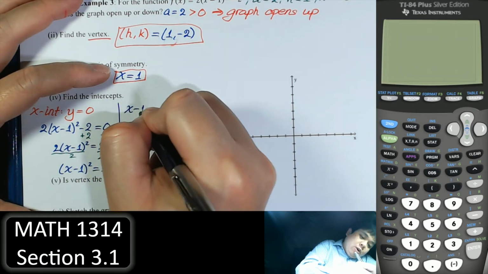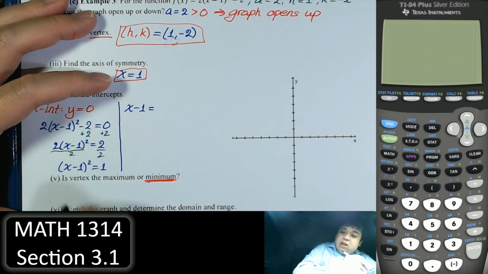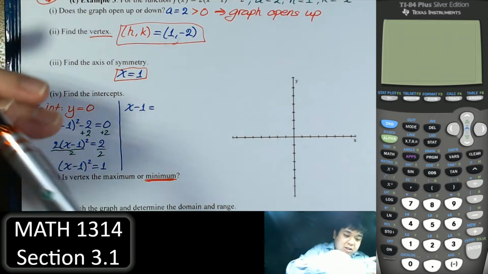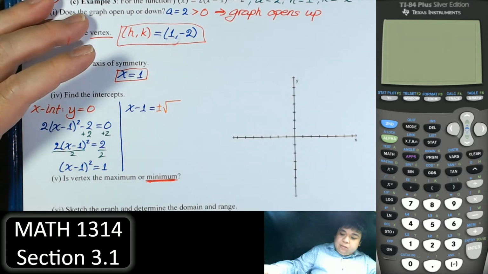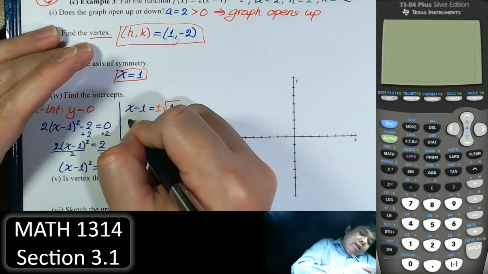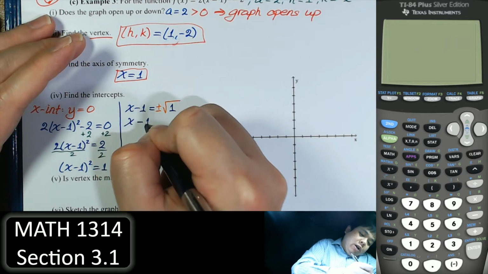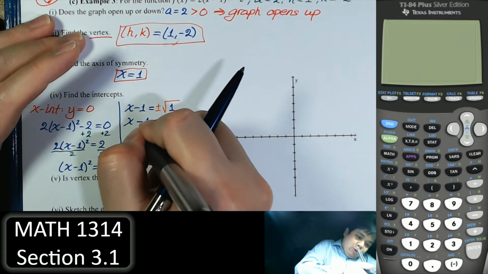Remember, every time we take the square root on both sides, there's a plus or minus. And then we just have x - 1 = ±1, and plus 1 on both sides.